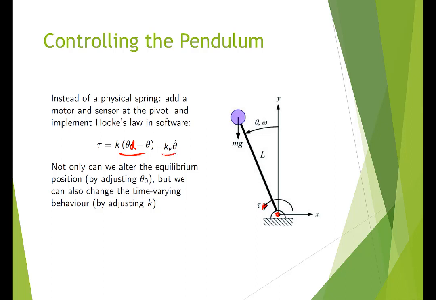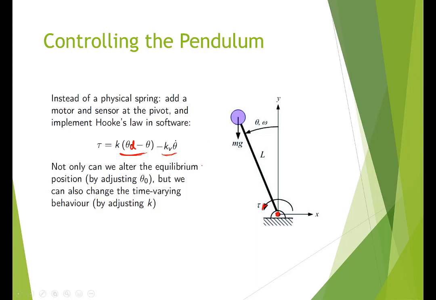If it's moving fast away from that point, or it's not fixed with zero velocity at that point that we want, it damps the velocity and makes sure it stays there. So if you ask the motor to behave like a spring and damper, it would be the same as adding a spring and damper to the pendulum, and it makes sure it stays where it should stay. This is the basic idea behind PID control: to simulate the effect of springs and dampers at our inputs for the robot in order to make sure it stays where we want it to.